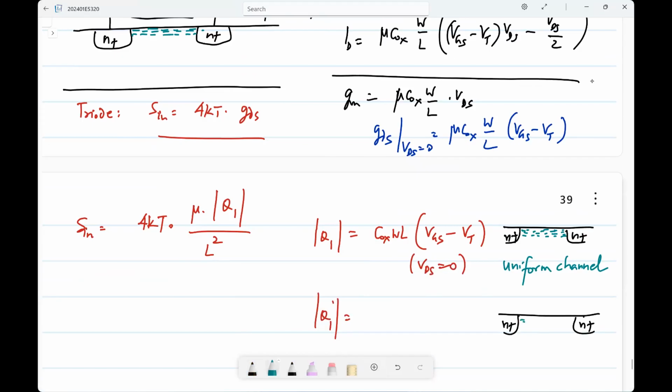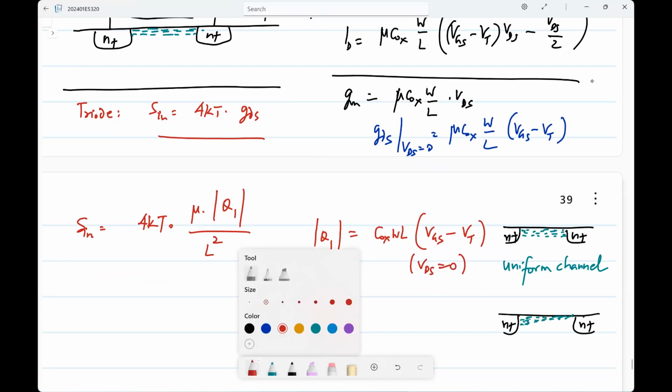The charge density is obviously a lot higher here. And then in the saturation region, here it's pinched off. So eventually, the charge density goes to 0, because at the drain end, the transistor is actually off. The gate drain potential is less than VT.